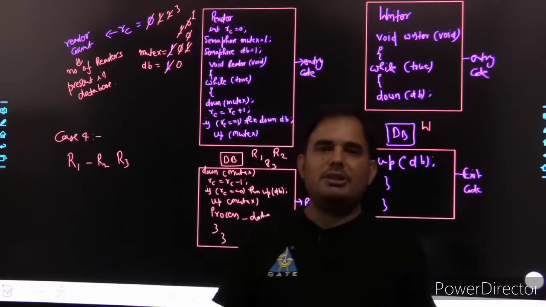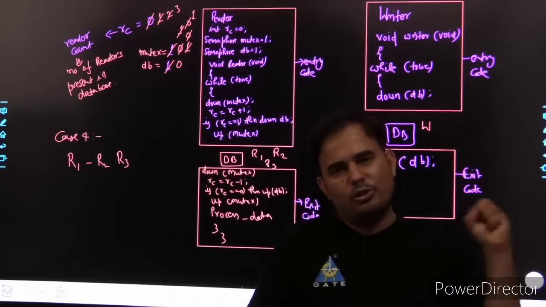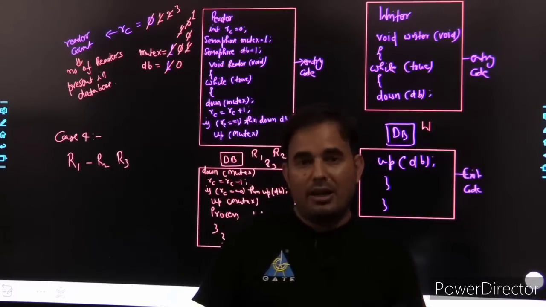So we have discussed each and everything. We have discussed what the reader-writer problem is, and we have also discussed its solution with the binary semaphore.